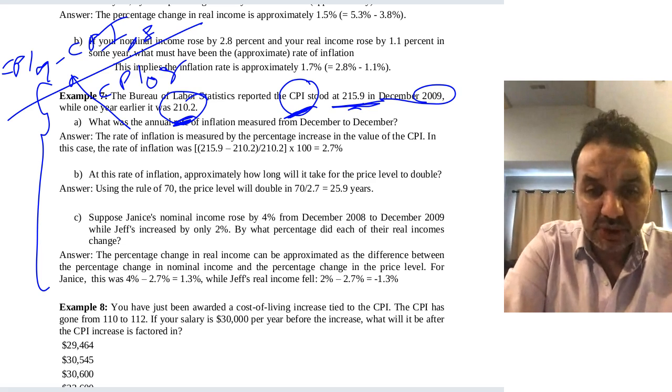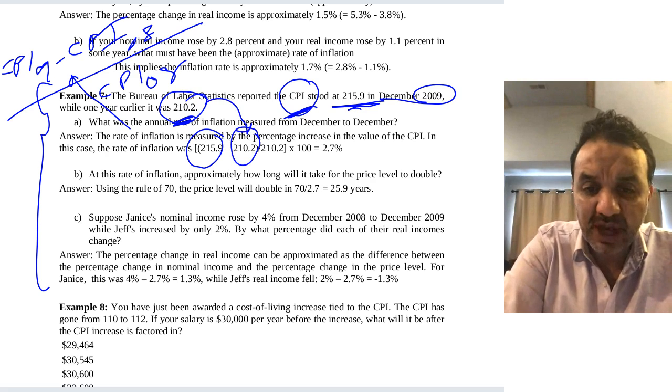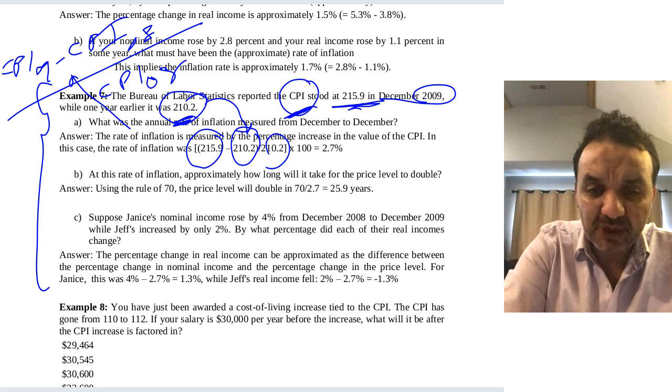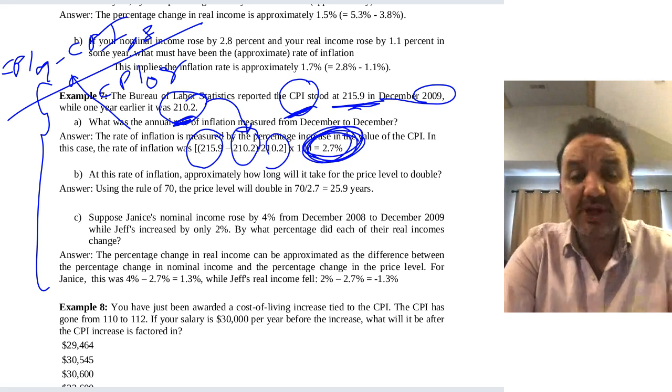So this is what you have here: 215.9, this is CPI 2009, minus 210.2, this is CPI 2008, divided by CPI 2008, multiplied by 100. So this is your inflation. The inflation equals 2.7%.